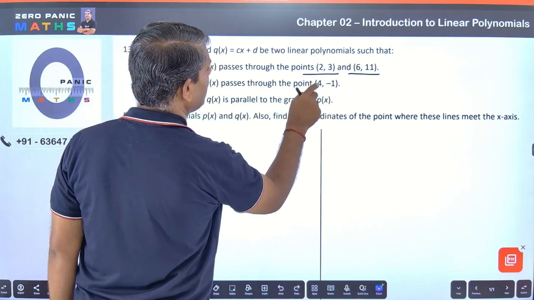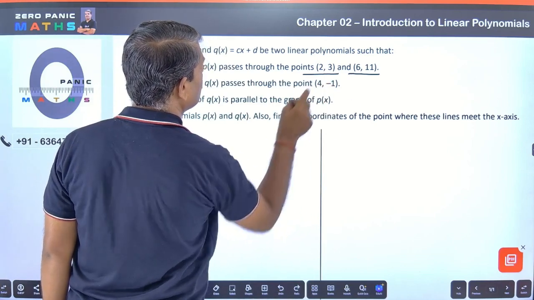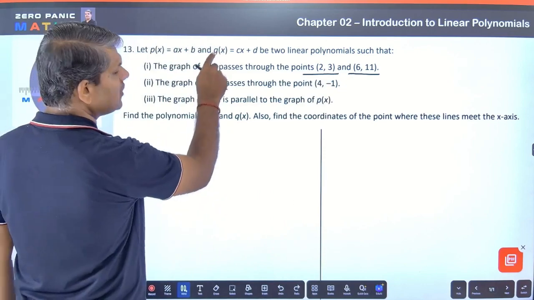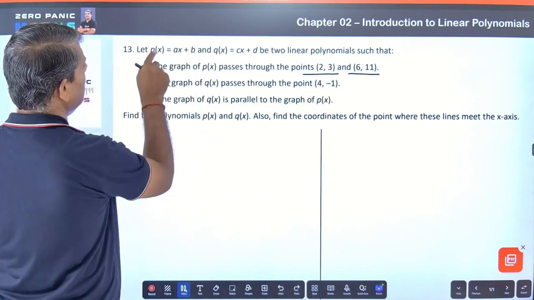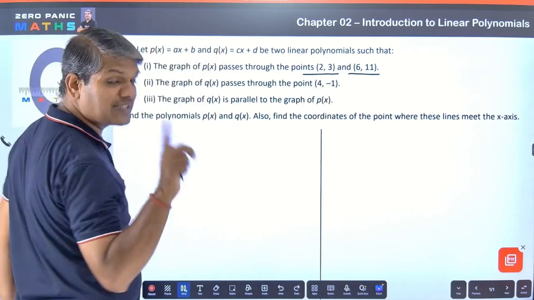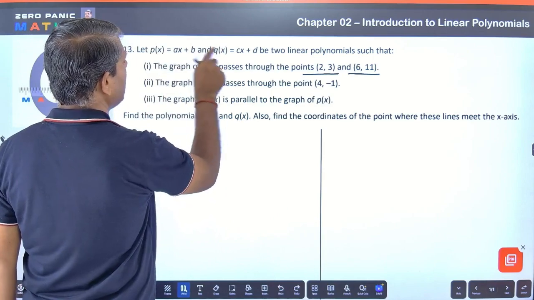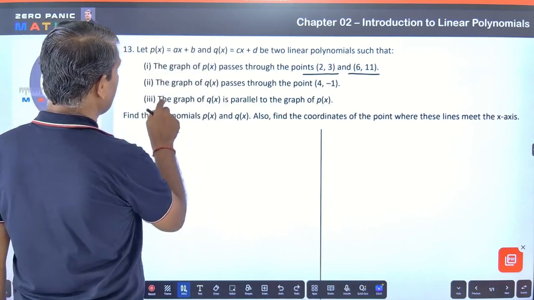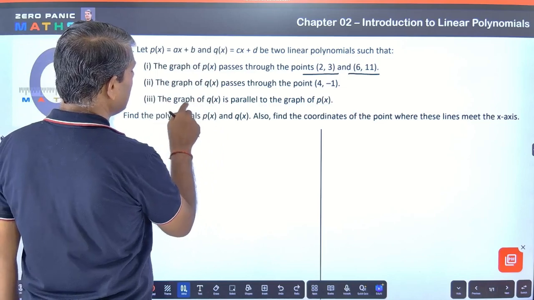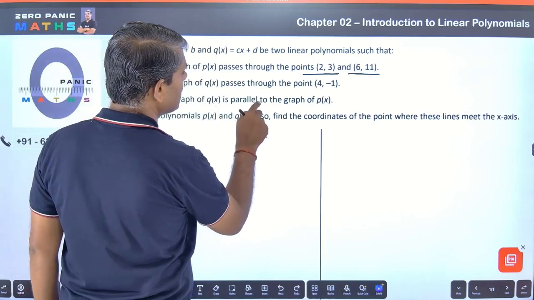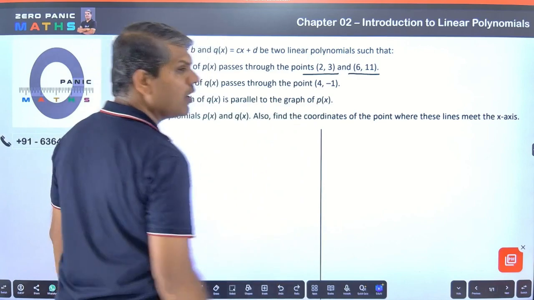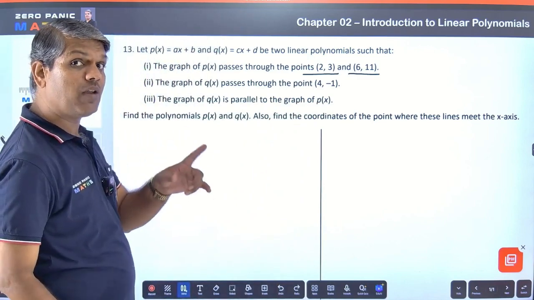They have given one condition that q of x passes through (4, minus 1). It means that if x is equal to 4, y is equal to minus 1. Y in this case is q of x. So in both the polynomials, whenever I say y, it is either p of x or q of x. And finally there is one more condition given: the graph of q of x is parallel to the graph of p of x. This is very important.